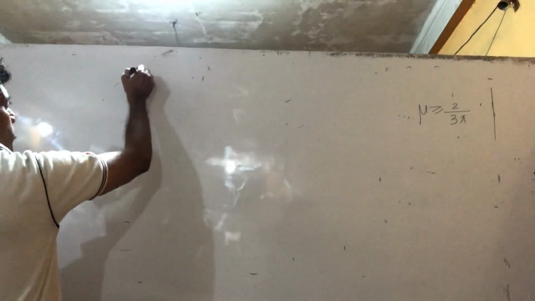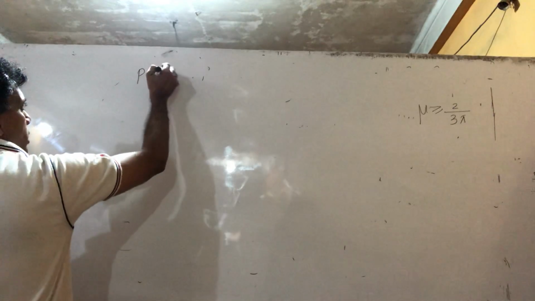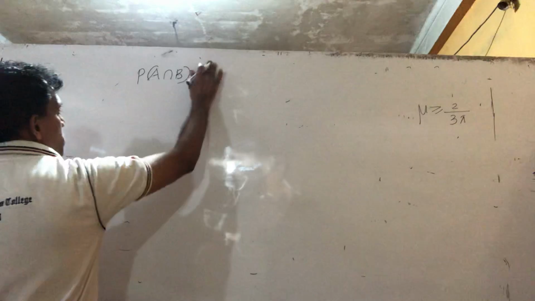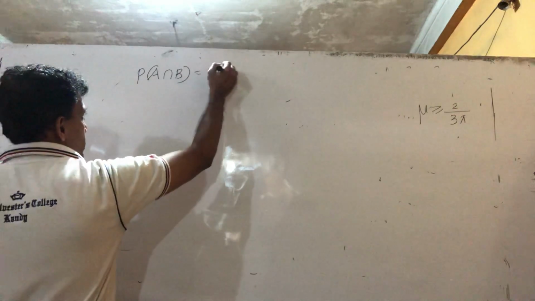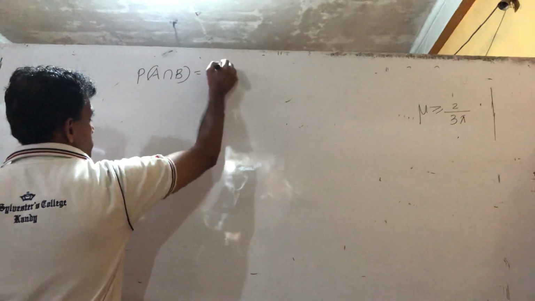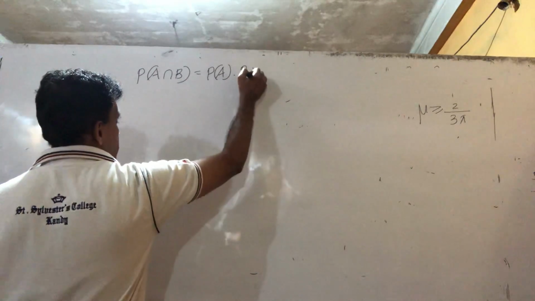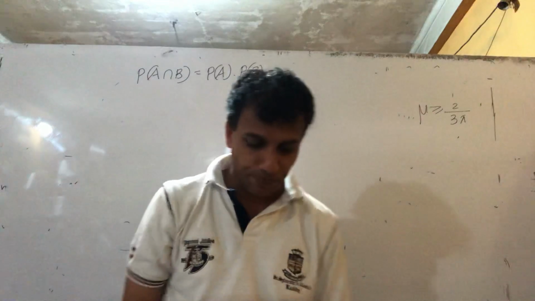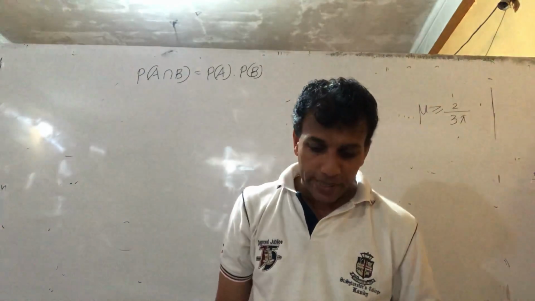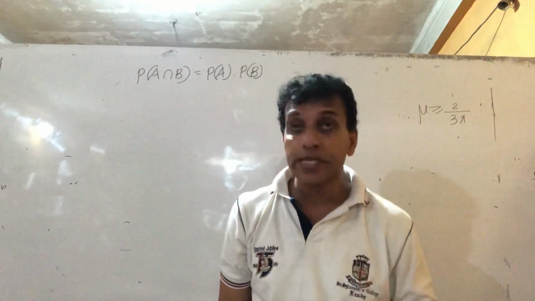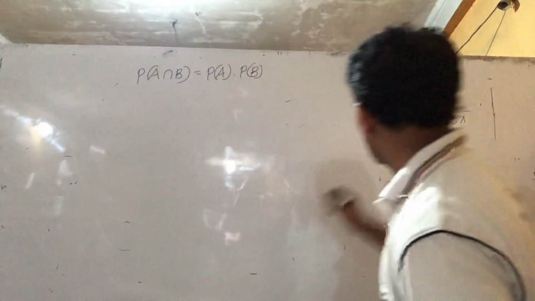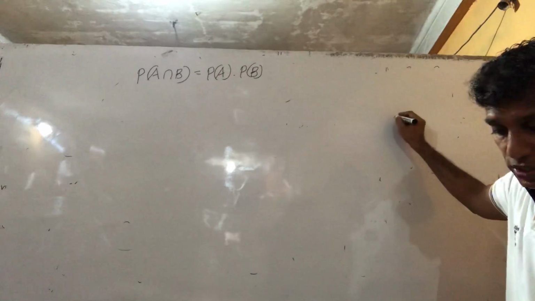What does independent mean? Probability of A intersect B equals PA into PB, the independence rule of probability. And they said A intersect B is 1/3, and A union B is also given. What are the conditions, the available information here?